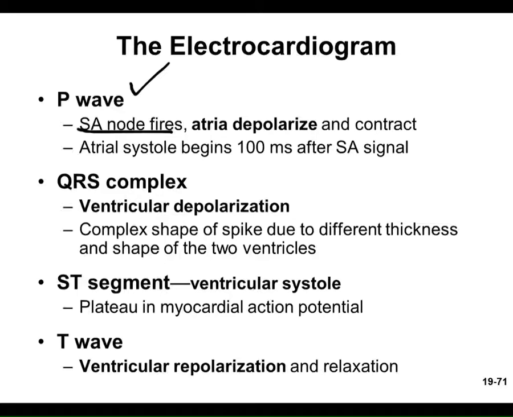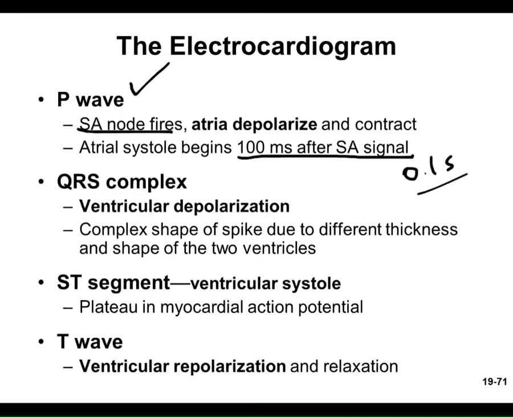As those cells depolarize, they are contracting. We would call this atrial systole, and there's going to be a slight delay, right? About 100 milliseconds. So from the time the SA node fires until the atria are contracting, 100 millisecond delay. You might better write that as 0.1 second, a tenth of a second.